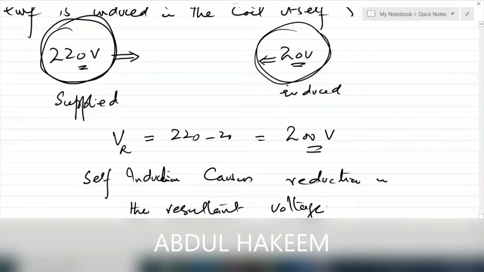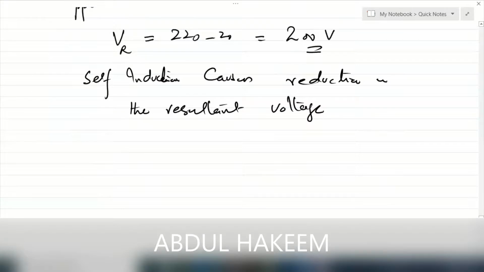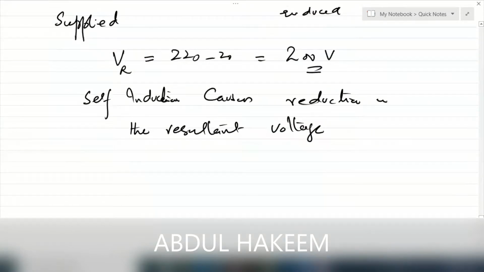So all motors which operate on the alternating current will reduce their efficiency due to the self-induction of the coil.